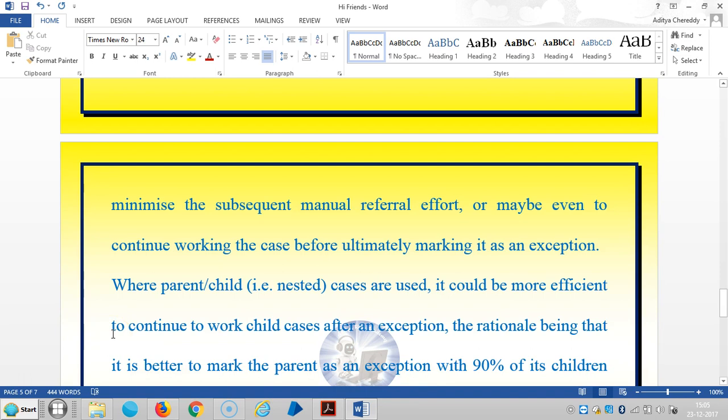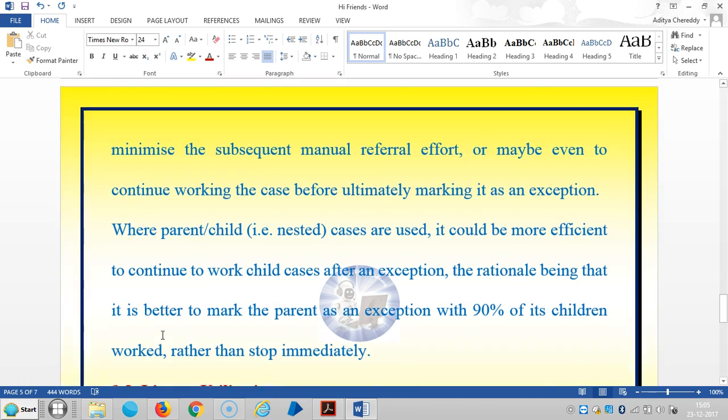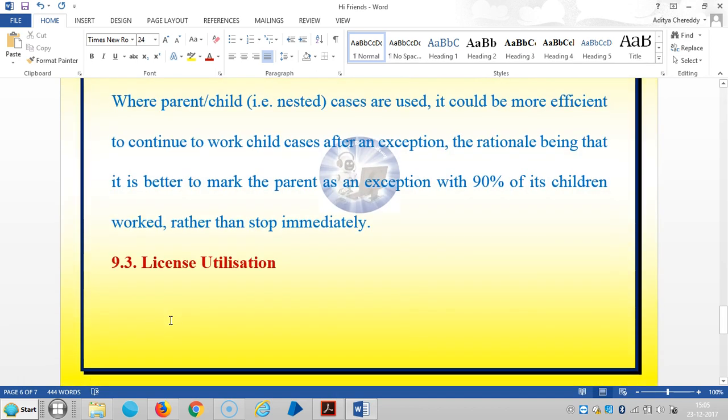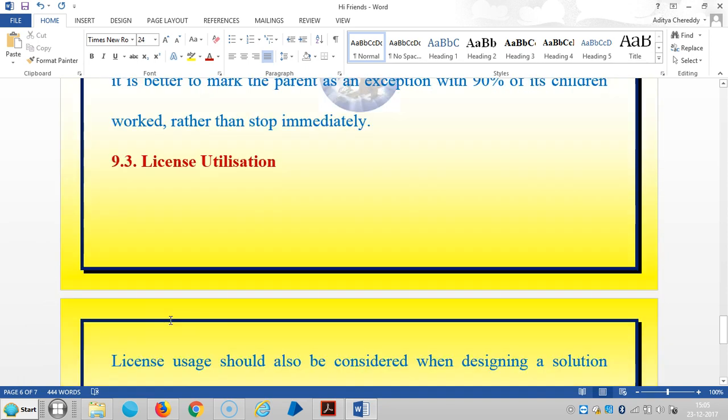And where parent and child cases are used, it could be more efficient to continue to work child cases after an exception. The rationale being that it is better to mark the parent as an exception with 90% of its children worked, rather than to stop immediately.